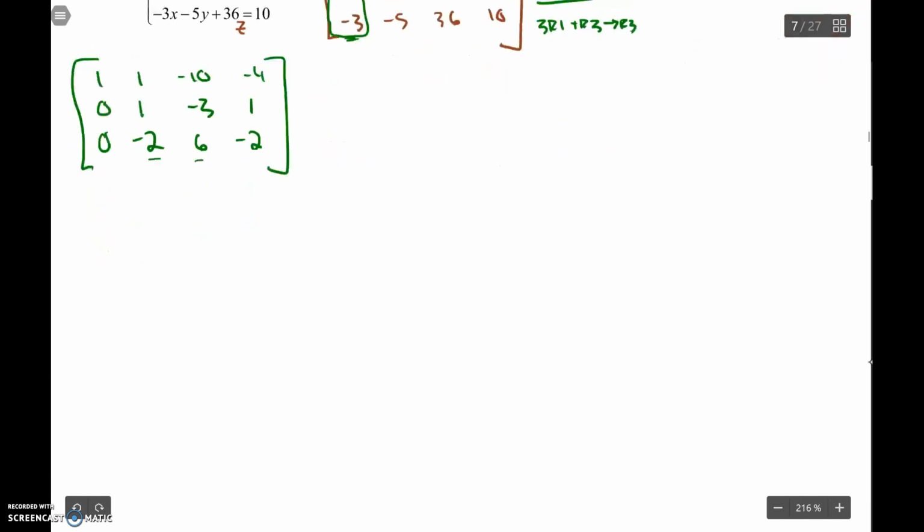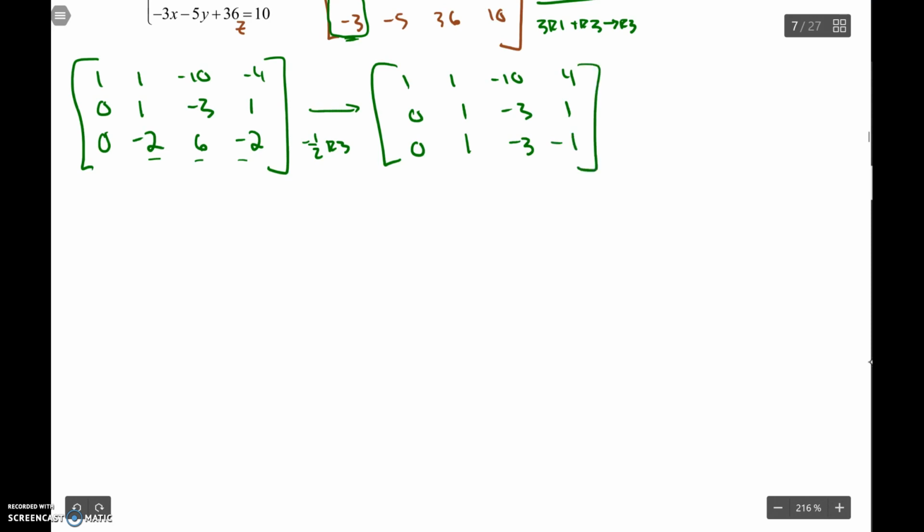Now, notice these are all even. I'm going to multiply that row by a negative 1/2 to make the numbers a little nicer for my future steps. So that's going to be 0. Negative 1/2 times negative 2 is 1. Negative 3.